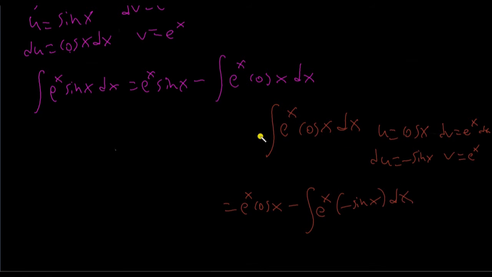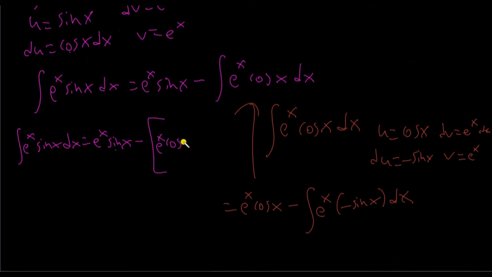And then we're going to take this whole thing, plug it back in for that, and we're going to get minus e to the x cosine of x minus the integral, I'm going to erase because space reasons, minus the integral of e to the x negative sine of x.